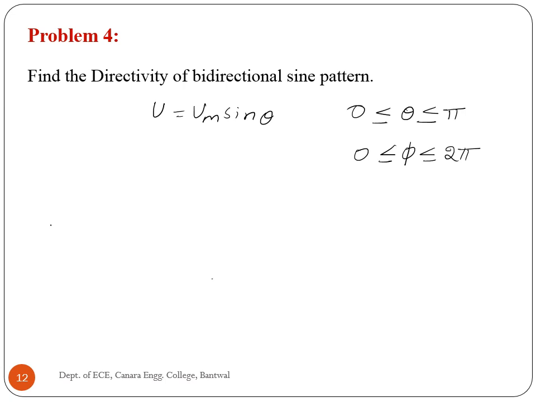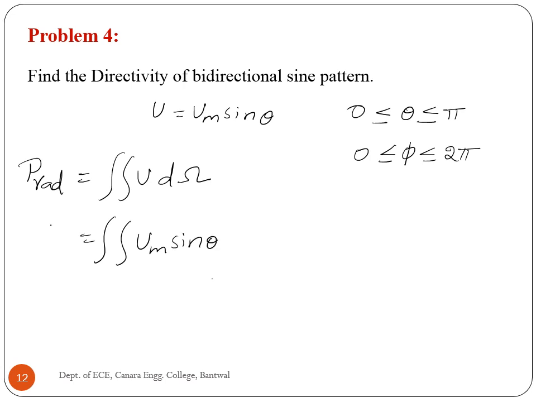To find out the directivity, we have to find out the radiated power, integral of U d omega. So what is U? For the sine pattern, that is Um sin theta. D omega is sin theta d theta d phi.